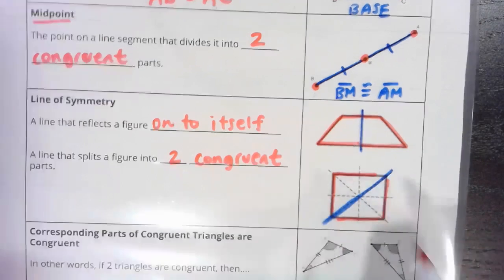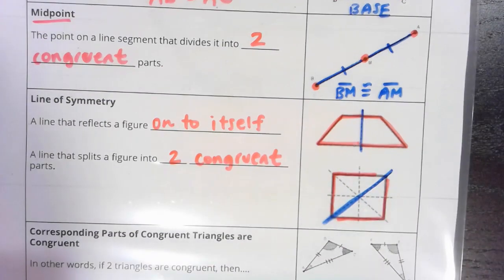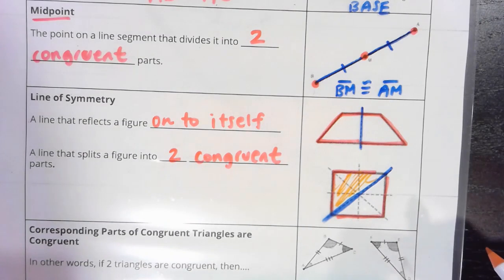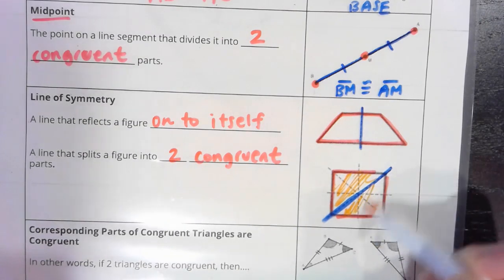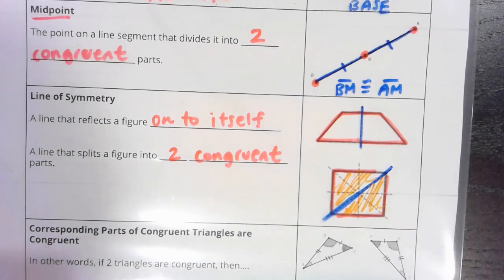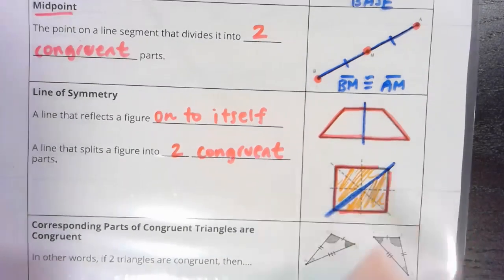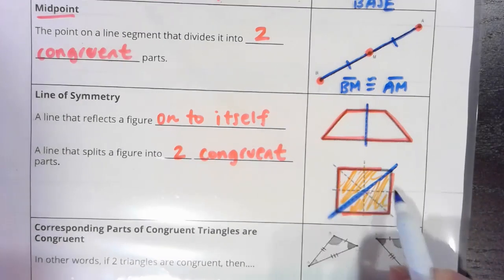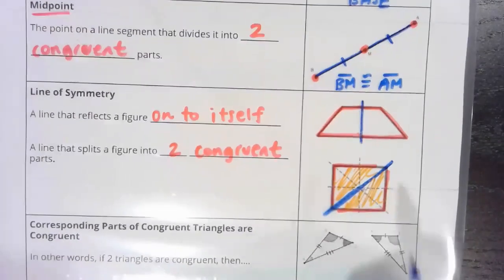And both of these parts are going to be congruent. All of this side is congruent to all of this side. And so this is a line of symmetry. And you could have also drawn a line of symmetry here, there, or going across that way too.